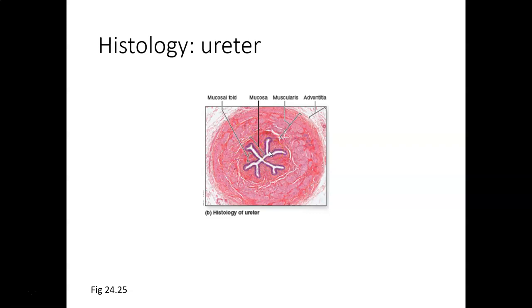So what makes this particular epithelium the transitional epithelium, and the same kind of epithelial tissue also lines the lumen of the urinary bladder, is its function: they can expand based on how much urine is going to be stored in the urinary bladder or is going to pass through the ureter.